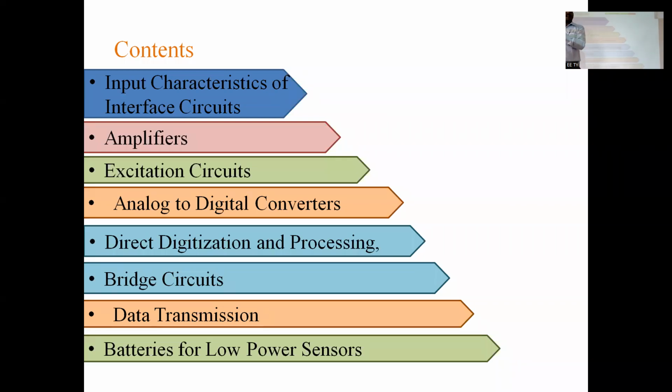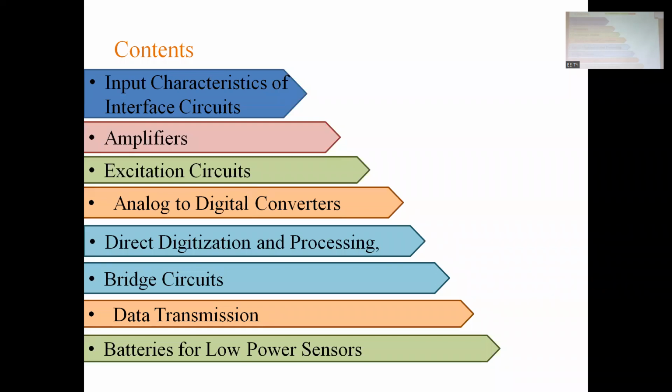In between, we are connecting an interface circuit, right? So if we understand the input characteristics of the interface circuit, input characteristics means output characteristics of the sensor. Suppose the sensor's output is in analog form, we require an analog to digital converter, A to D converter.